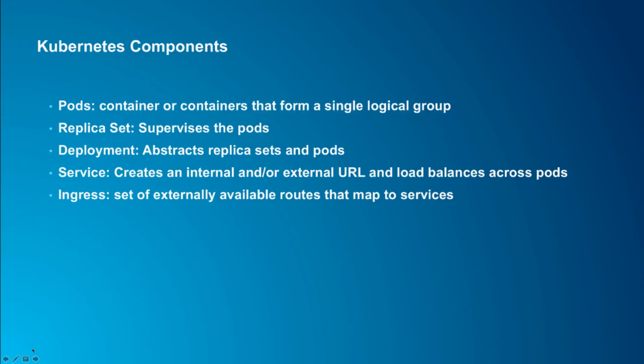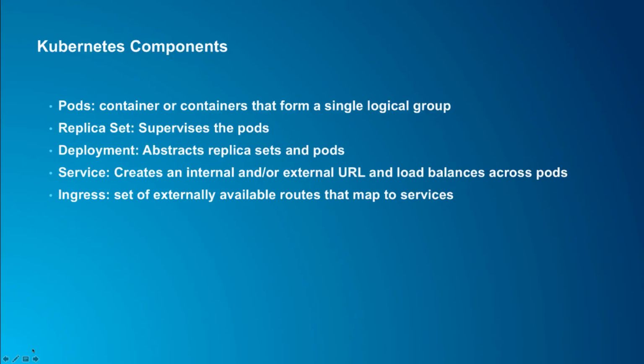So in Kubernetes, the base level component is a pod. And a pod is one or multiple containers that can be thought of as a logical application, that all work together. Most of the time, you'll just have a single container in that pod. So in this context, one pod would be one container running the Koop server.